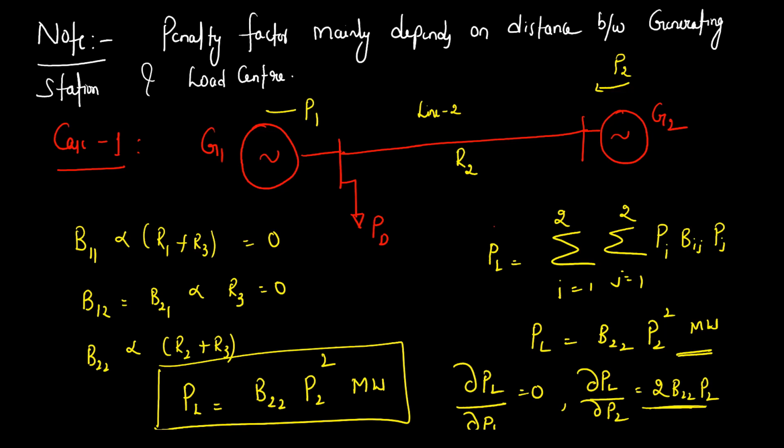The penalty factor of the first unit is 1 divided by 1 minus ∂PL/∂P1. This is 1 by 1 minus 0. Why? Because PL does not contain P1. So your penalty factor for the first unit is 1.